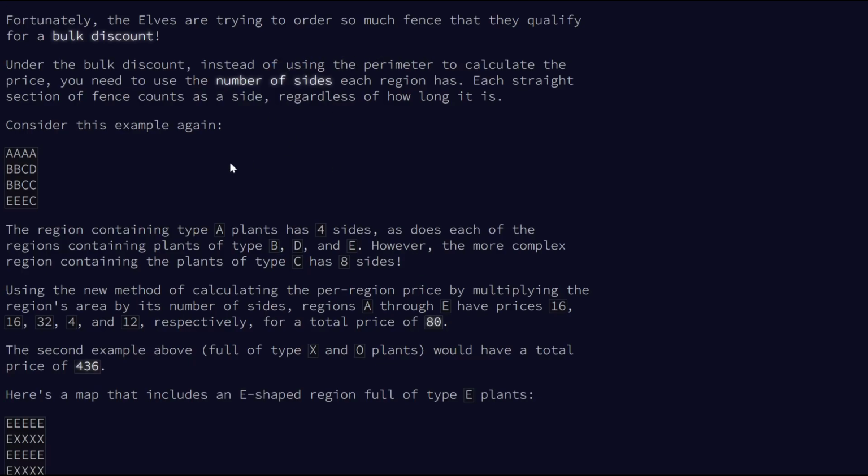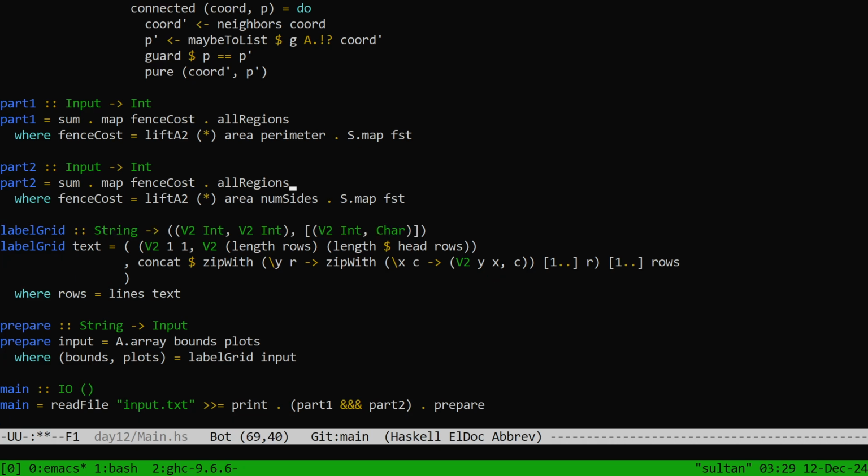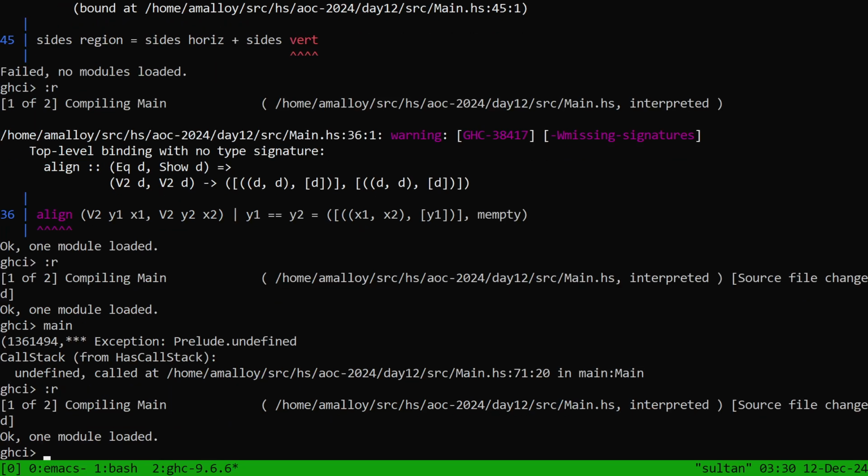Instead of using the perimeter, use the number of sides. Okay, yeah, so we're multiplying them. So I think this is just this. Multiply the area and the sides, right?